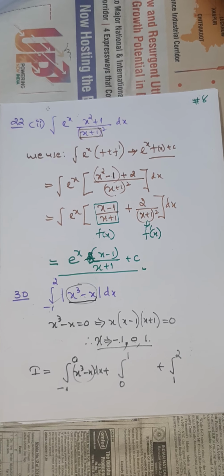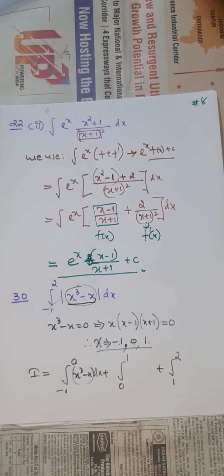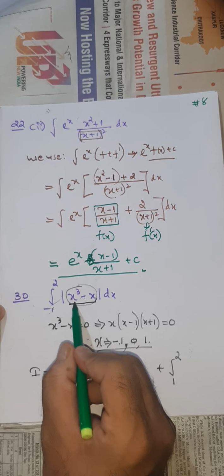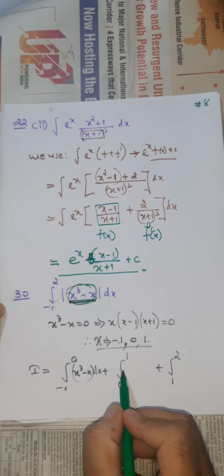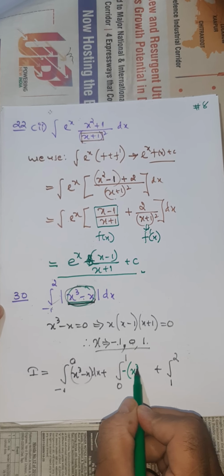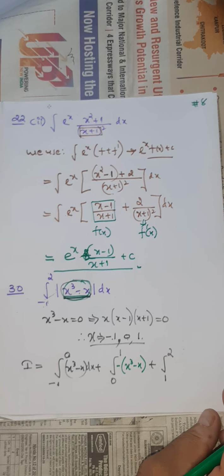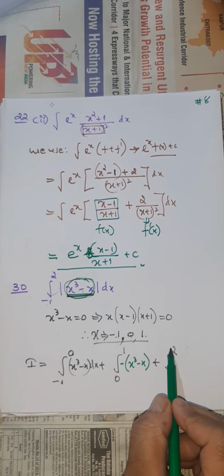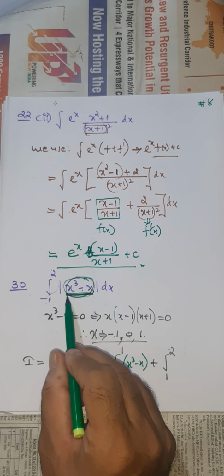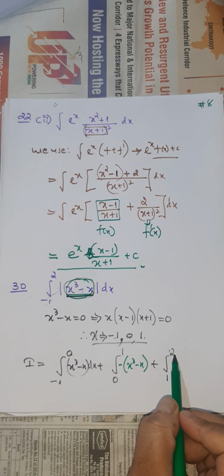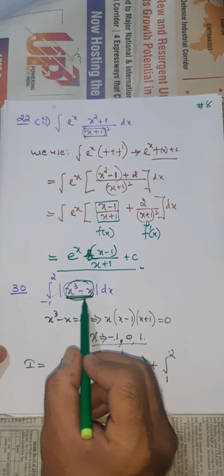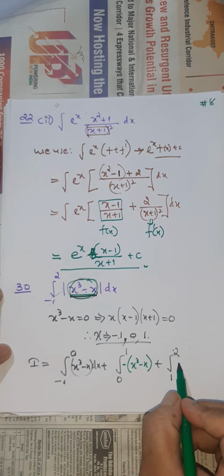Okay. Take any number from 0 to 1, place it there and decide whether it is positive or negative. You will notice that it will be negative. Try: x cube minus x. Take any number from 1 to 2 and place it there. Suppose I have taken 1.5, put 1.5 here, you will see that it is positive.